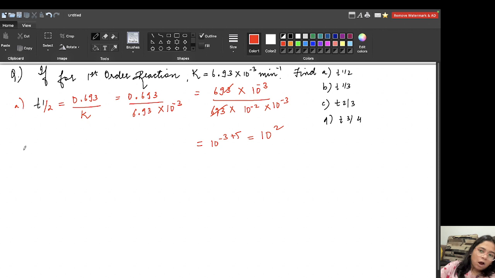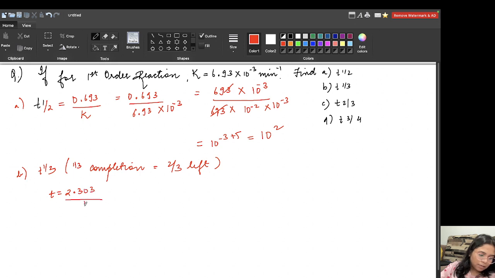This is easy. How will you find T raised to the power 1 by 3? What does it mean actually? 1 by 3 is completed, 1 by 3 completion is happening. And how much is left then? 2 by 3 is left, right? So, use the formula T equal to 2.303 by K log base 10 A naught upon 2 by 3 A naught.